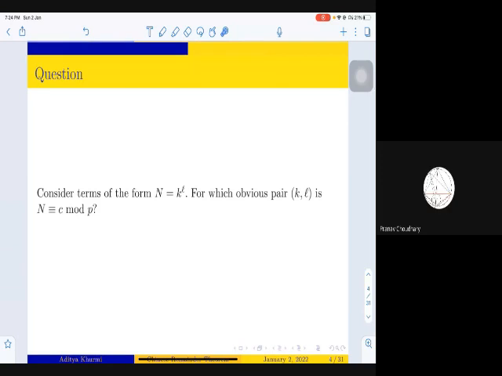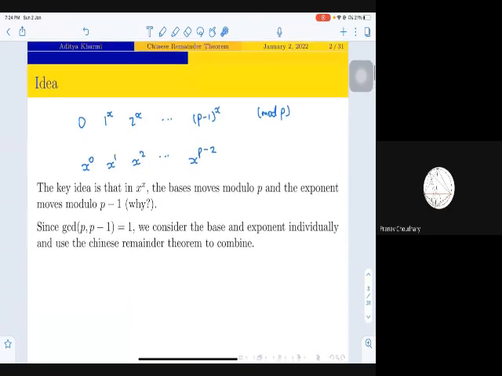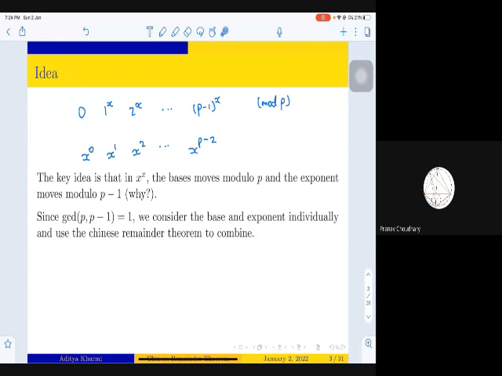So is the question: why does GCD one imply we can work with them individually? What we want is x raised to x congruent to c. If we fix the power, then we can find a base for which this is c.